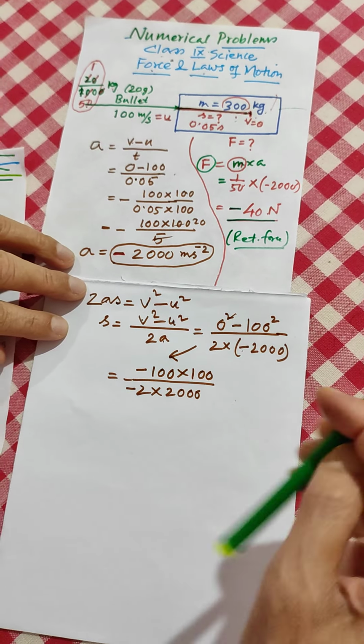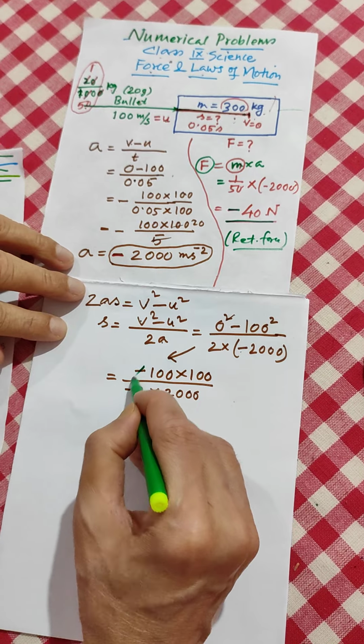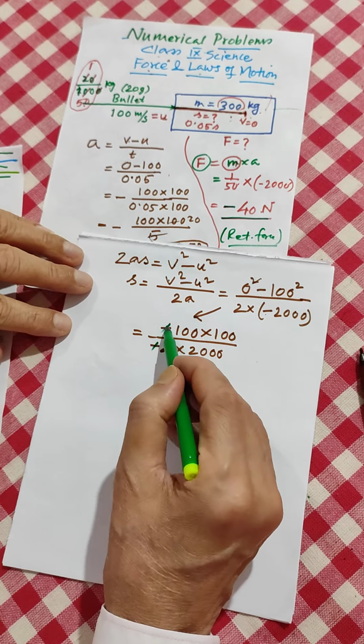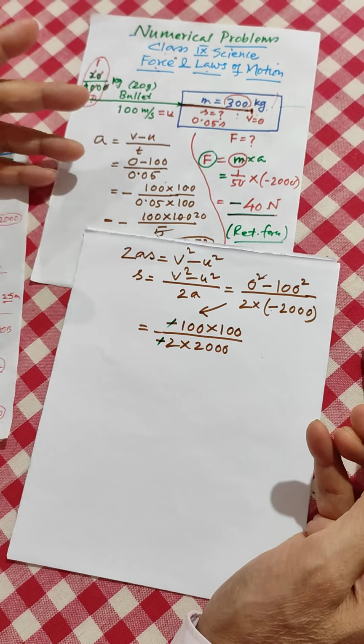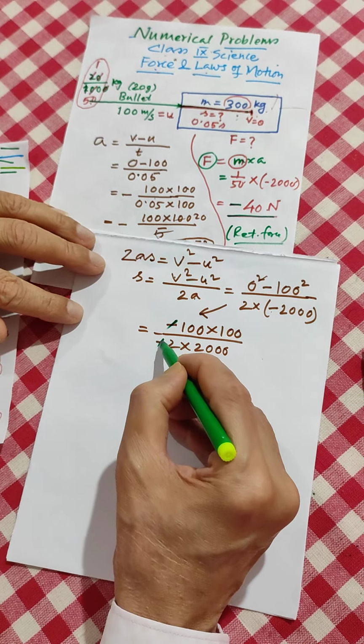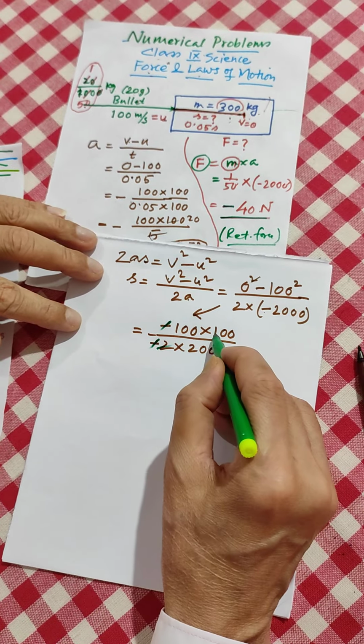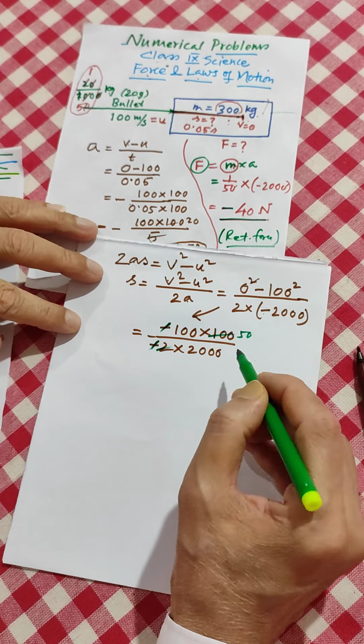Now the numerator is minus and the denominator is minus, so minus divided by minus is plus. They cancel, whatever you say. Now cancel this one, 2, this goes 50.